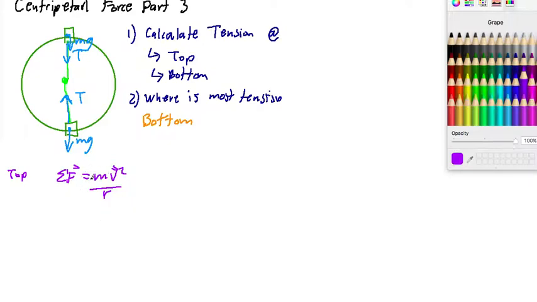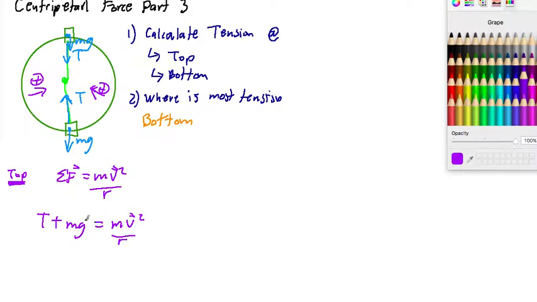It's just Newton's second law, but for centripetal force. Now, what are the forces acting on the body at the top? Well, mg and T are going in the same direction, towards the center. I'm going to say going towards the center is positive. So that's T plus mg equals mv squared over r.